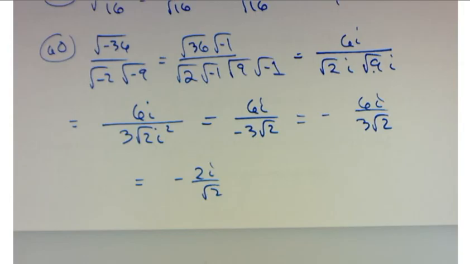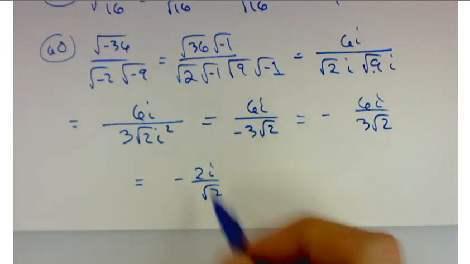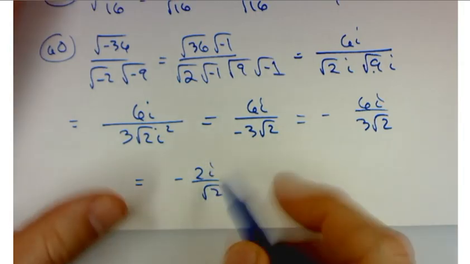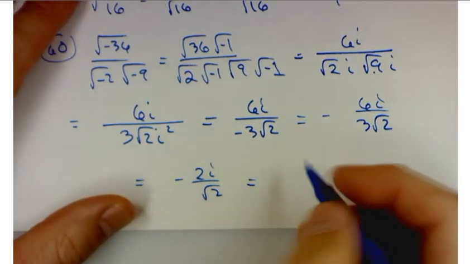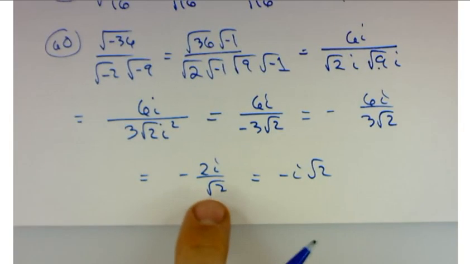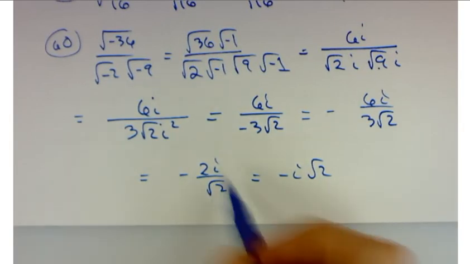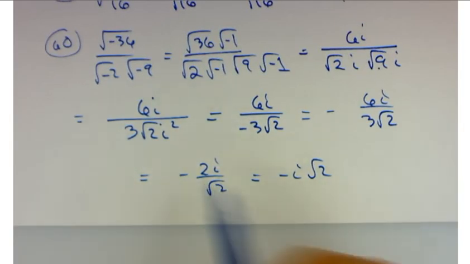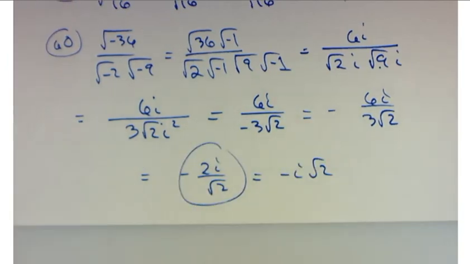Now, if I really wanted to be hardcore, you could continue rationalizing this and end up with negative i times the square root of 2. You know, I guess I'm pretty happy with this as it is here. I don't want to make this problem too insane, but you can go a little bit farther. At least get here.